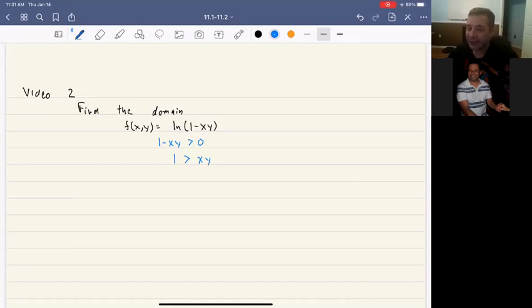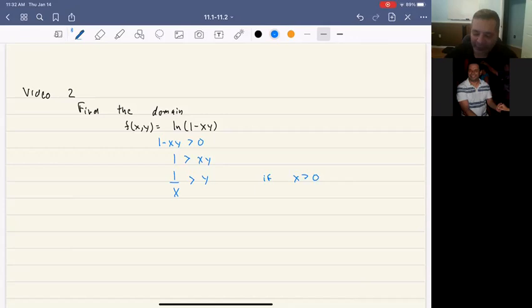I'm going to ask you to bear with me here. I'm going to write this and be a little bit careful. It's easy to mix this up. So I'm going to say 1 over x is bigger than y, but that only holds if x is greater than 0.